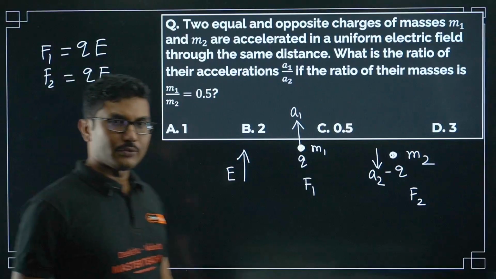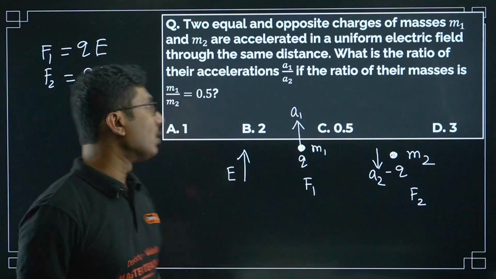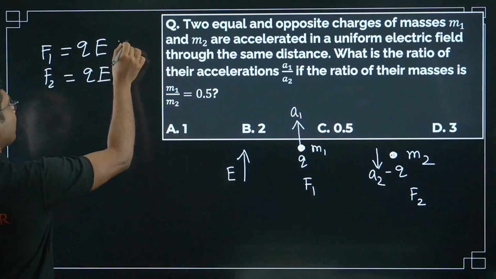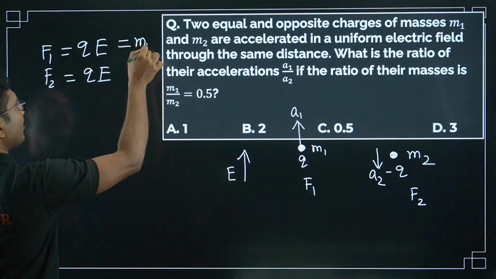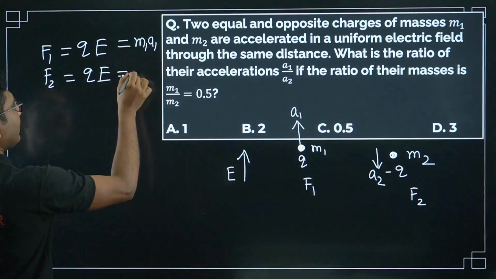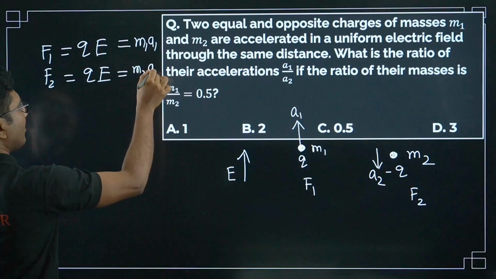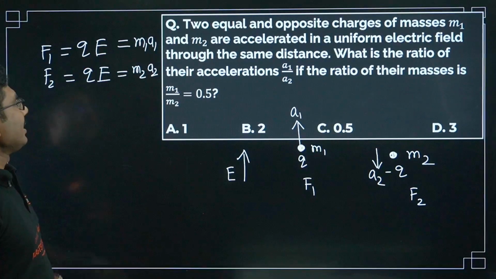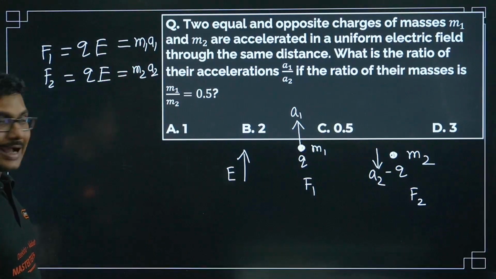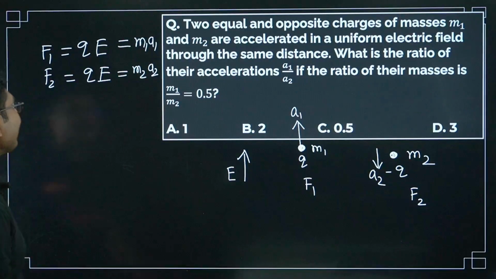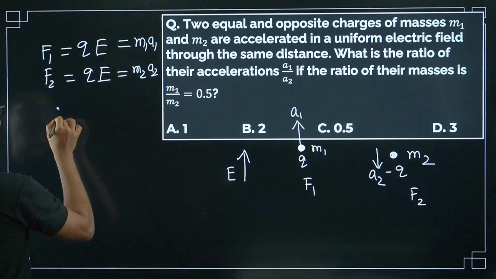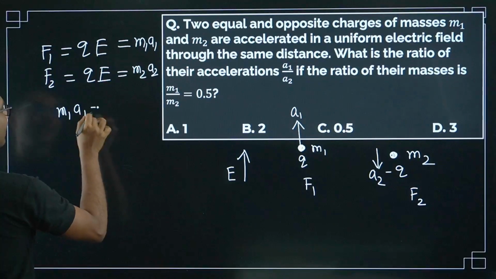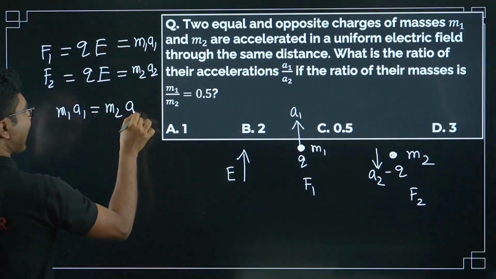So F1 and F2 are basically equal. Now what is force? Force equals ma, right? F1 and F2 are equal, but masses and accelerations are different. So what is the meaning of that? m1a1 equals m2a2. It is as simple as that.